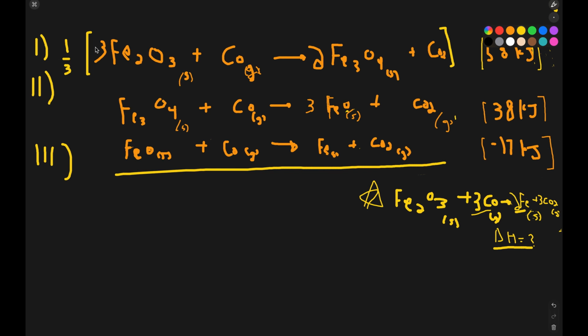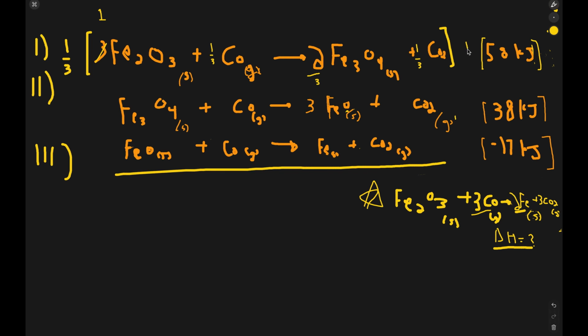So now we have 1 Fe2O3 plus 1/3 carbon monoxide, which makes 2/3 Fe3O4 plus 1/3 carbon dioxide.